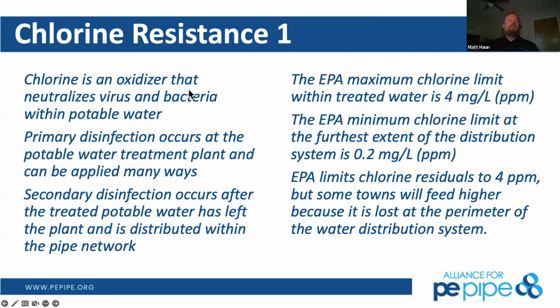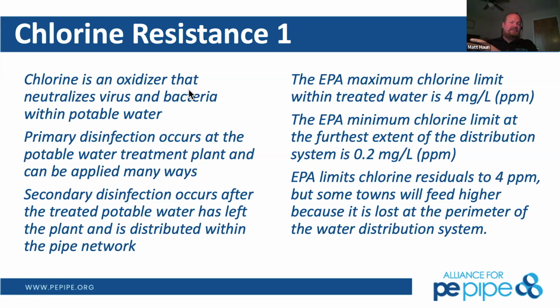All right, going on to another resin advancement. Chlorine is an oxidizer, and it's used to neutralize viruses and bacteria within potable water. Similar disinfectants, chlorine included, are introduced in a primary disinfection at treatment plants.